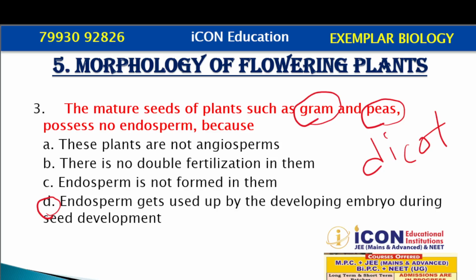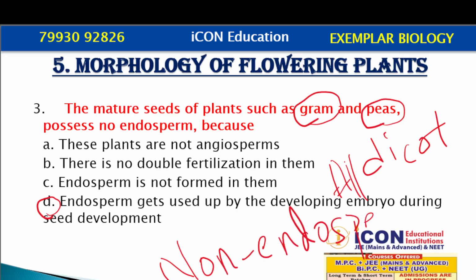Okay, now one more question can be framed of such type: all dicot plants are non-endospermic is a wrong statement. Students, listen. If they give you the statement all dicot plants are non-endospermic, meaning they don't have endosperm in their seed, this statement is wrong because all dicots are not non-endospermic.